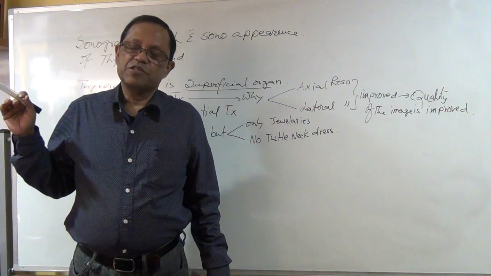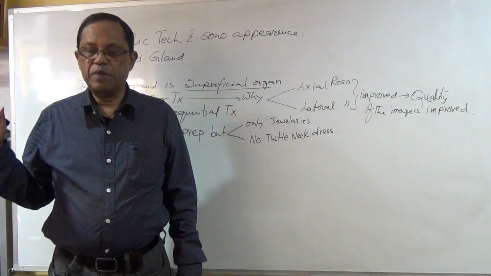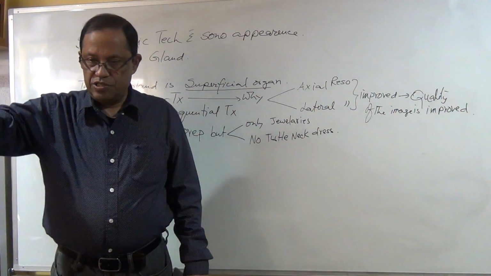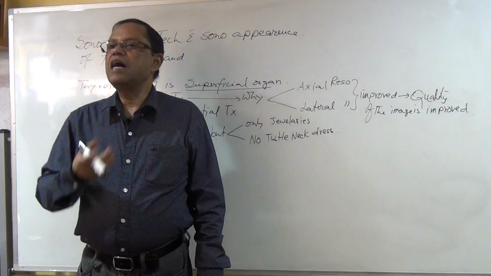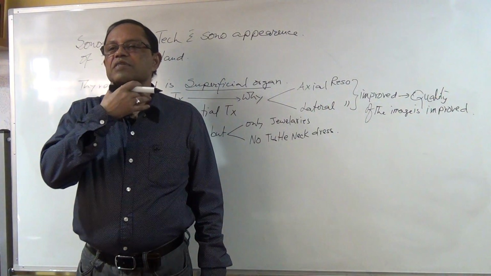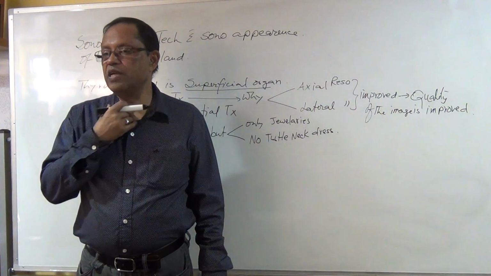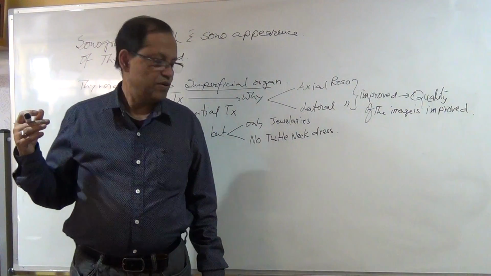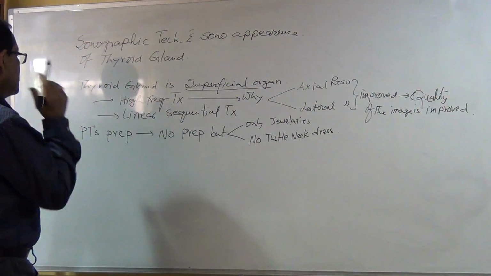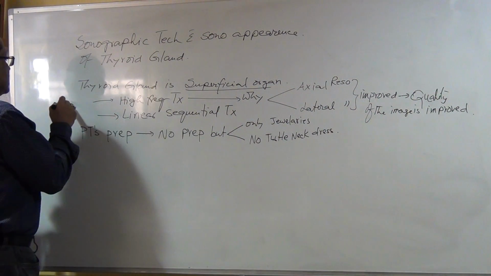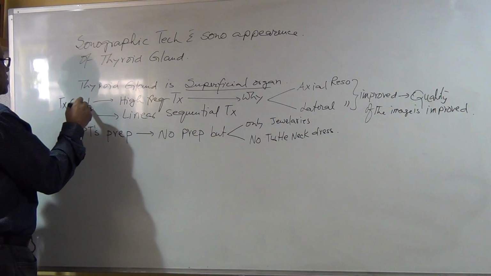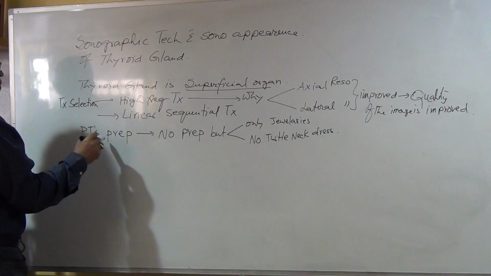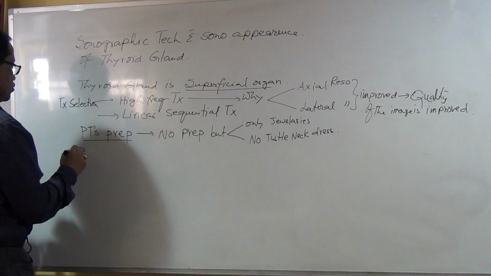So you're going to give the instructions to the patient: this is your disposable gown, please take it. And if you have any dress that covers the neck, and if you have any jewelry, please take it off. Okay? So that is transducer selection and patient preparation. Patient's position.